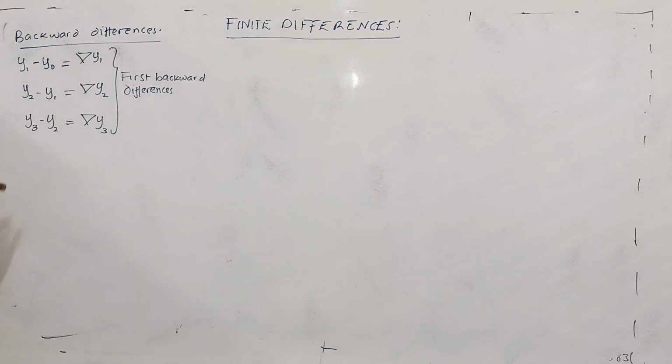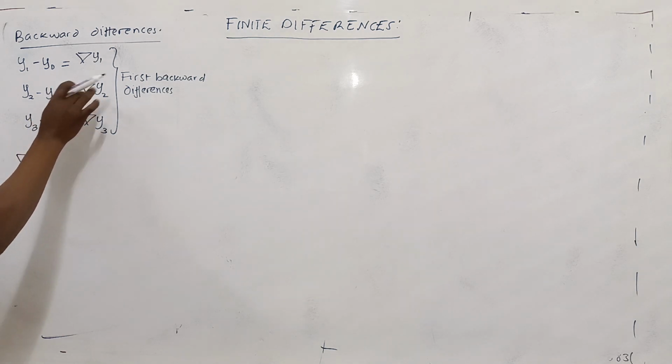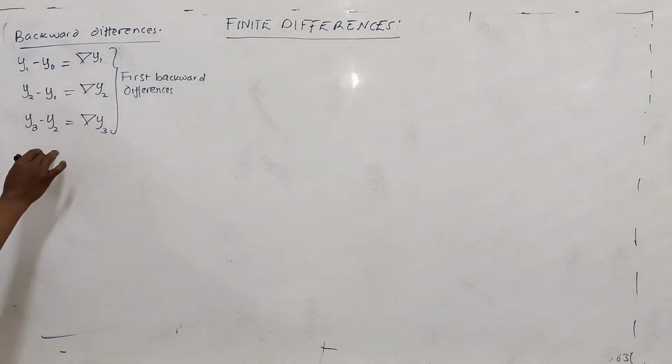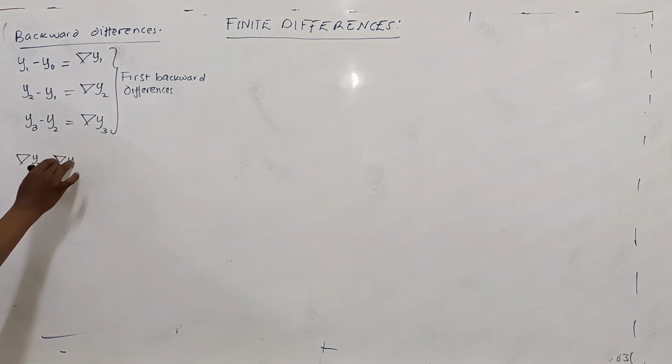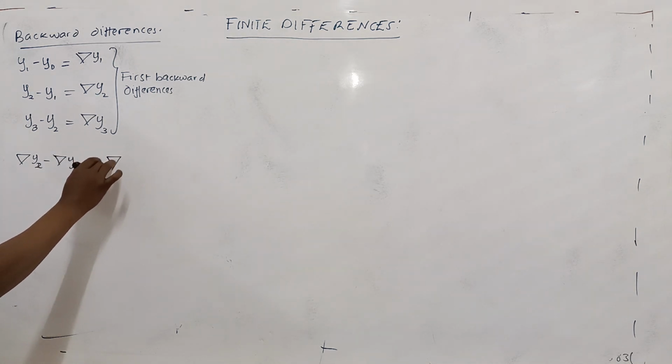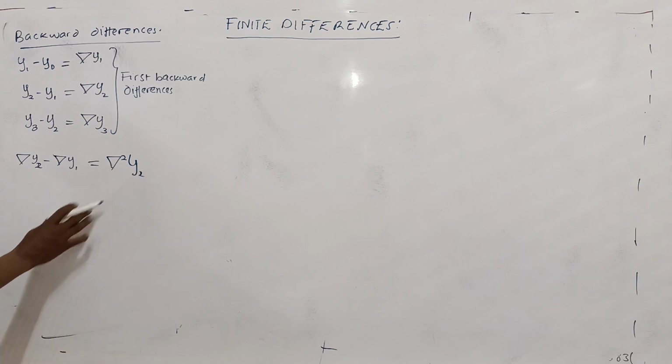But now suppose we take the first backward differences. We take the first backward difference of y2 minus the first backward difference of y1. This will be the second backward difference of y2.